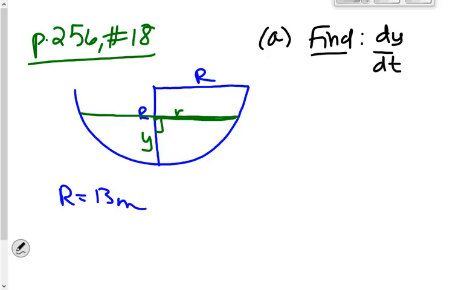Now, part of understanding the problem is identifying what we need to find, like we did, putting a symbol to it. But we also need to talk about our knowns, the information that we have. So what kind of things do I know?